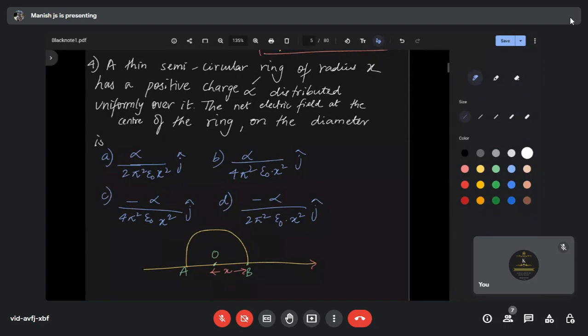X axis ஓட corresponding unit normal vector வந்து represent பண்ணணும். So the unit normal vector on the x axis is I cap. அதே மாதிரி y axisல கூட அந்த unit normal vector வந்து நீங்க represent பண்ணுங்க. That is j cap. சரிங்களா? So this is how you draw the figure. Once you draw the figure, you go for solving.